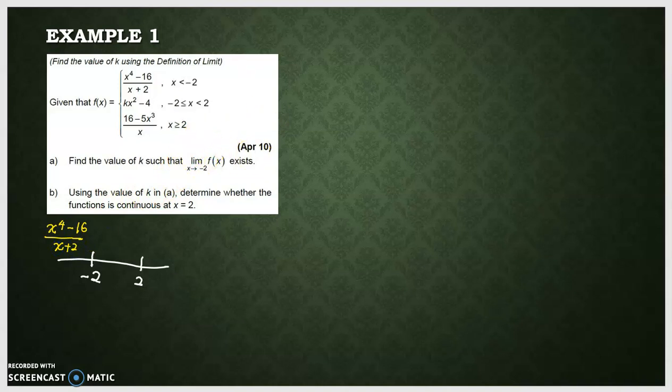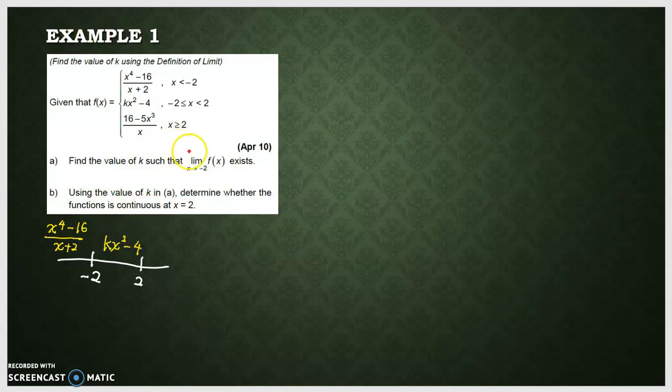When x is greater or equals to -2 but less than 2, that means in the second interval, the function will be kx squared minus 4.